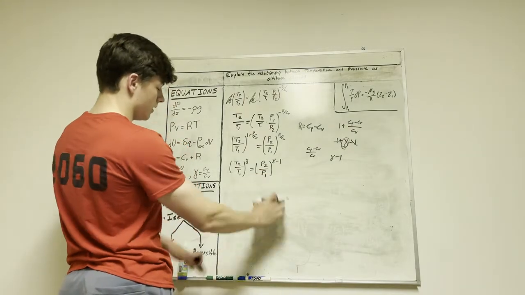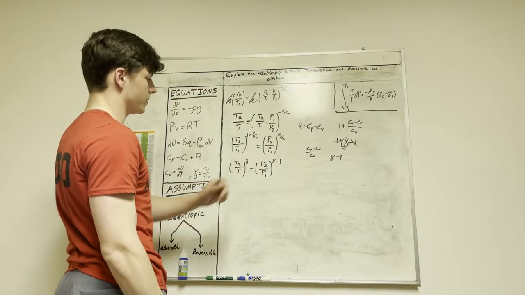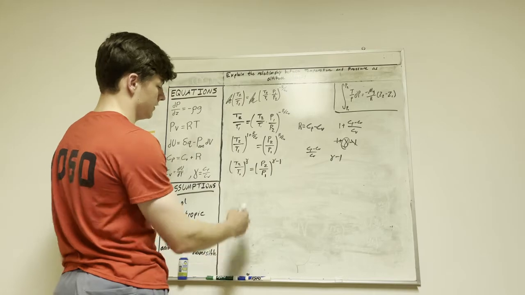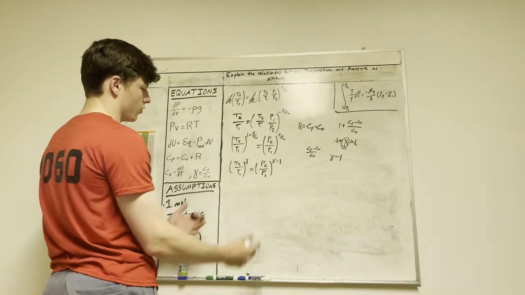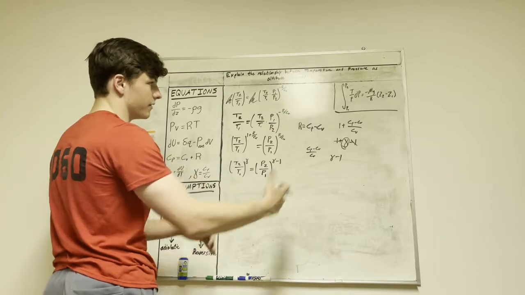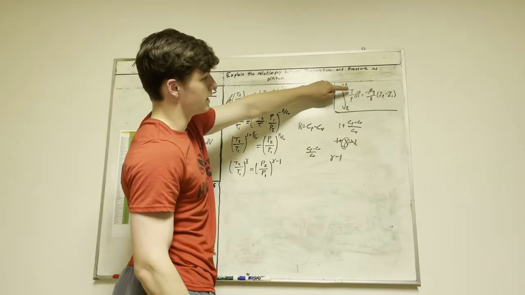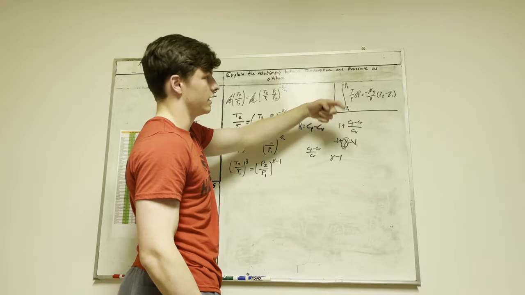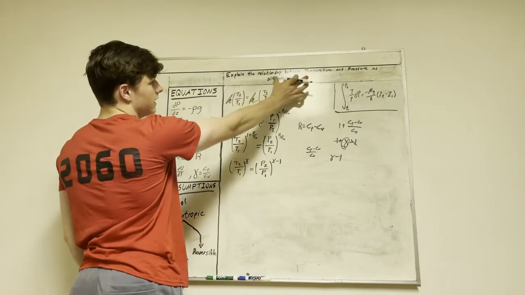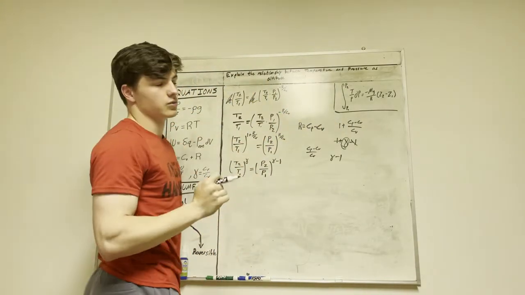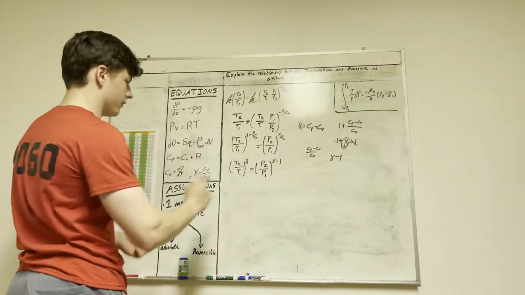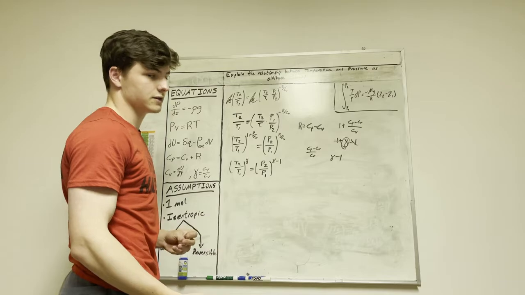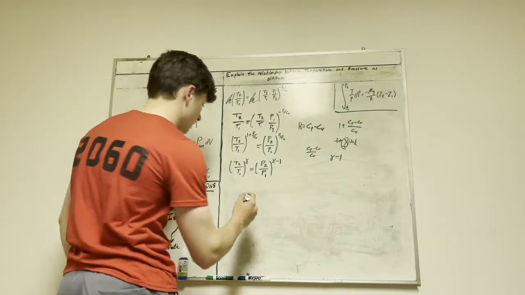And with this, we are going to raise both sides by 1 over gamma so that we can isolate T2. And by doing that, we get an equation of T2 equals something. And with that, we can plug it in up here and then integrate and then get this answer for the relationship between temperature and pressure as our altitude changes. And so that being said, we raise both sides to the power of 1 over gamma.